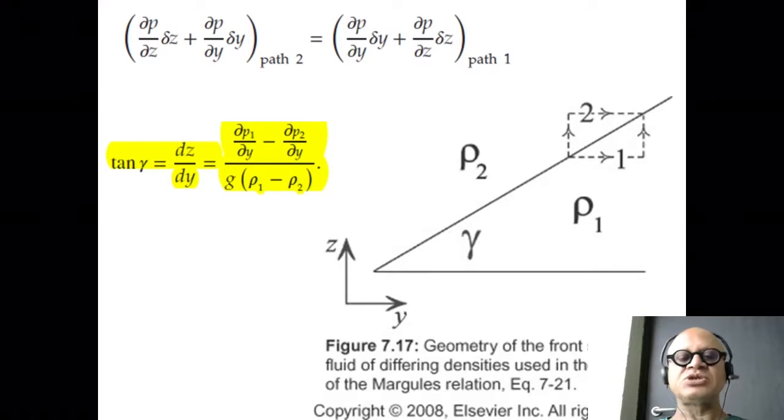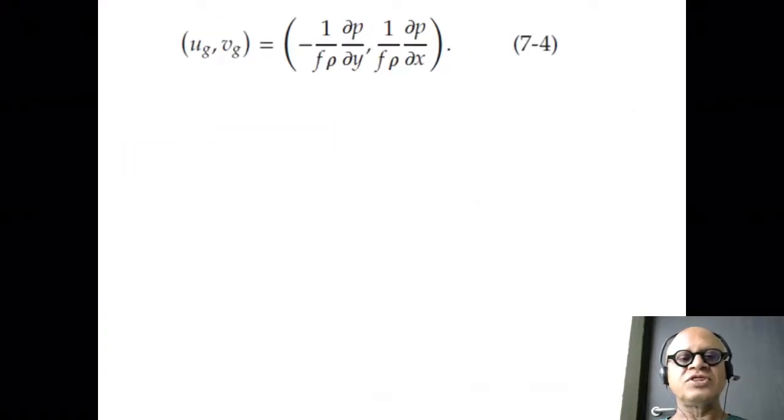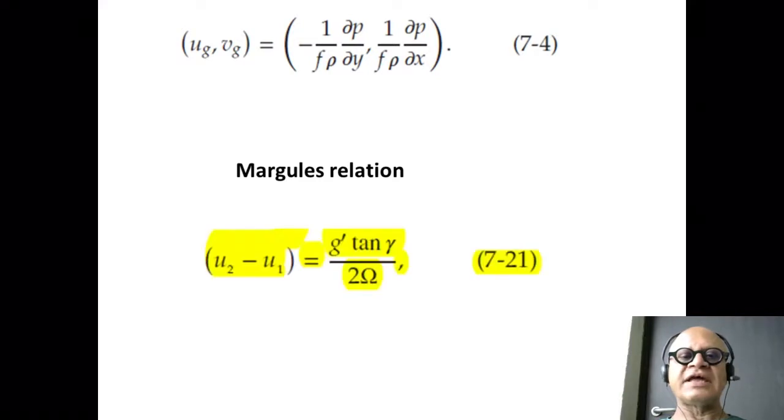So the theory following Margules basically combines then with geostrophy. Same thing, we are sticking to geostrophy and hydrostatic balance, okay, and no friction. So in that case, u2 minus u1 can be written as g prime tan gamma over 2 omega, where omega is the rotation rate.